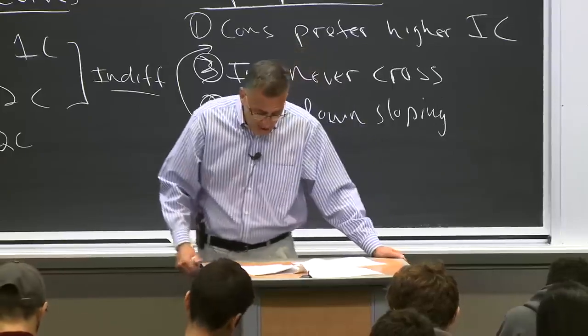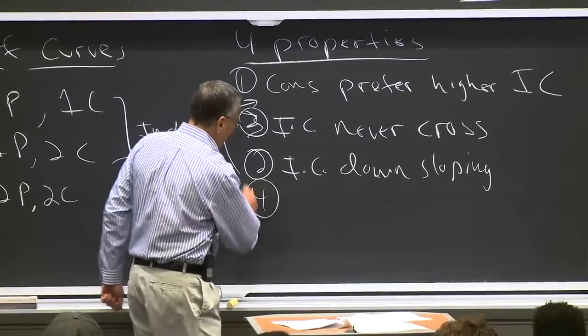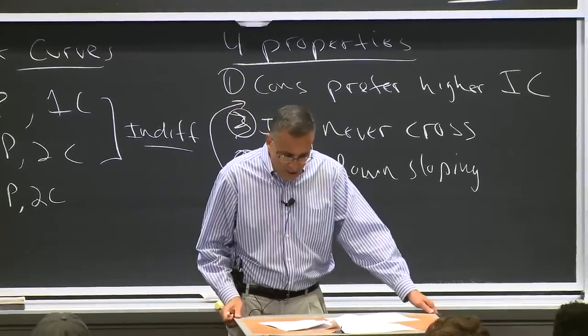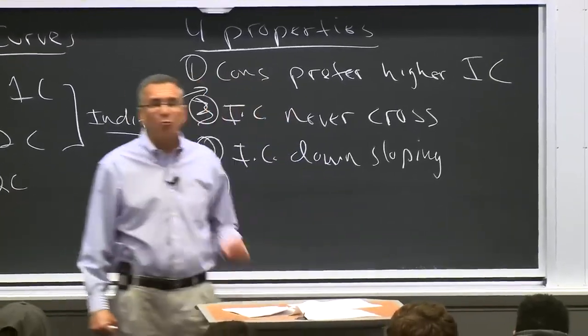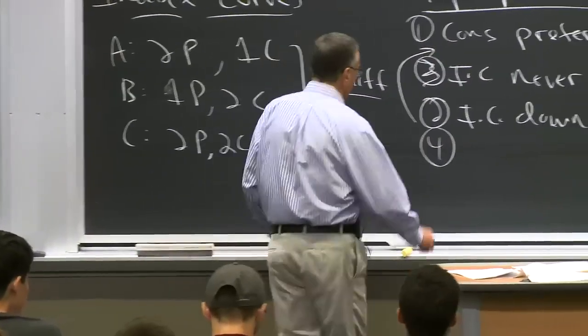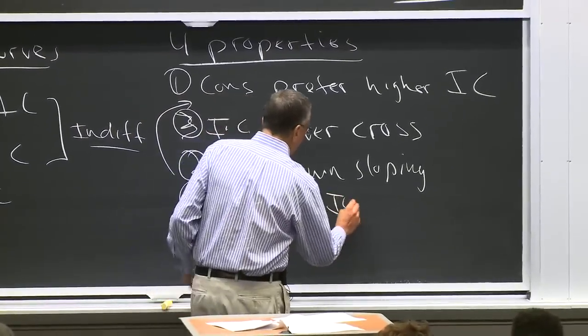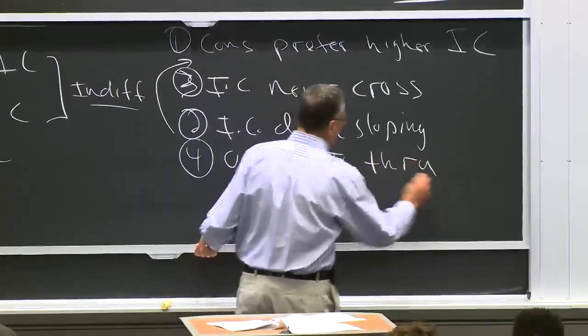And then finally, the fourth is sort of a cute extra assumption, but I think it's important to clarify, which is that there is only one indifference curve through every possible consumption bundle.